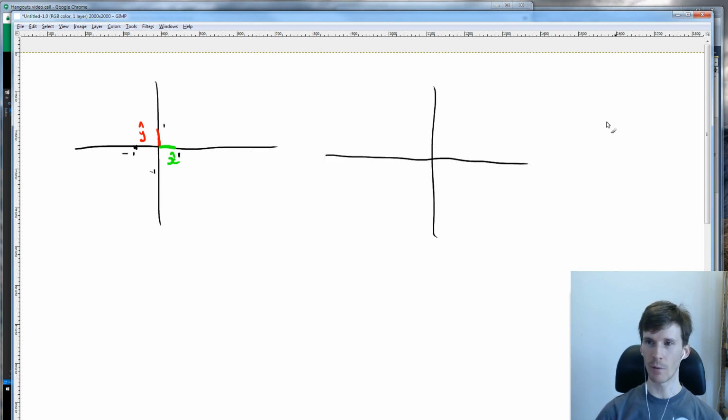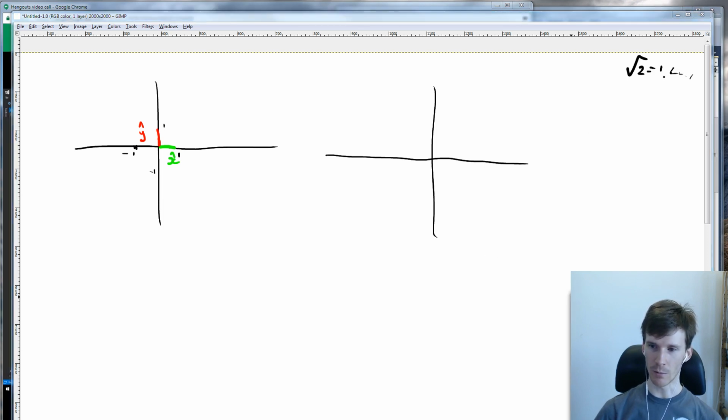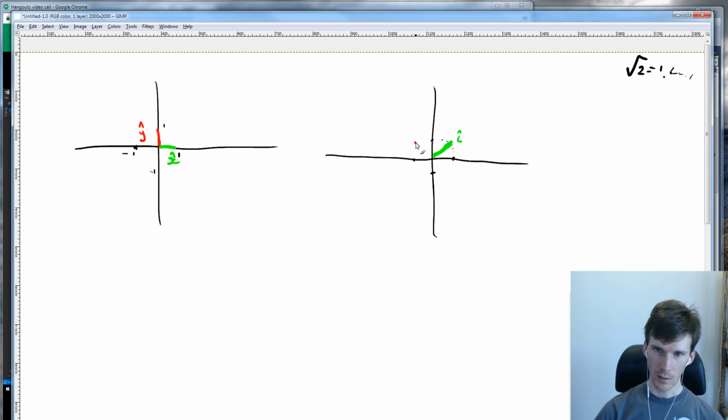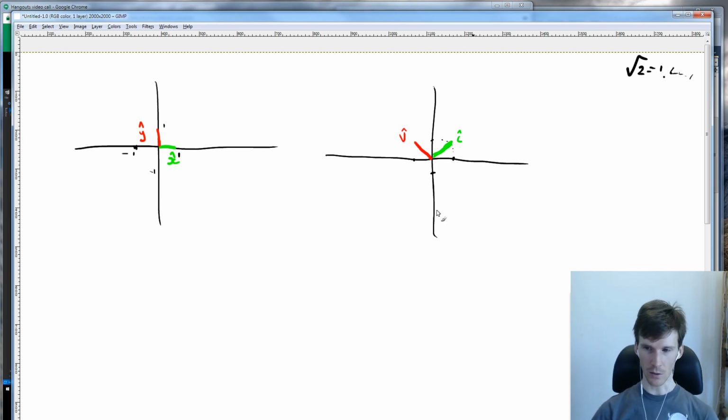We scaled up to square root of 2 equals 1.4 and so on, because it makes the maths easier if we say this is 1, this is -1. We're going to say this is our new coordinate system with our basis vector i hat, and this is going to be j hat, and these map onto x and y. That should be straightforward so far, and everything we covered already.